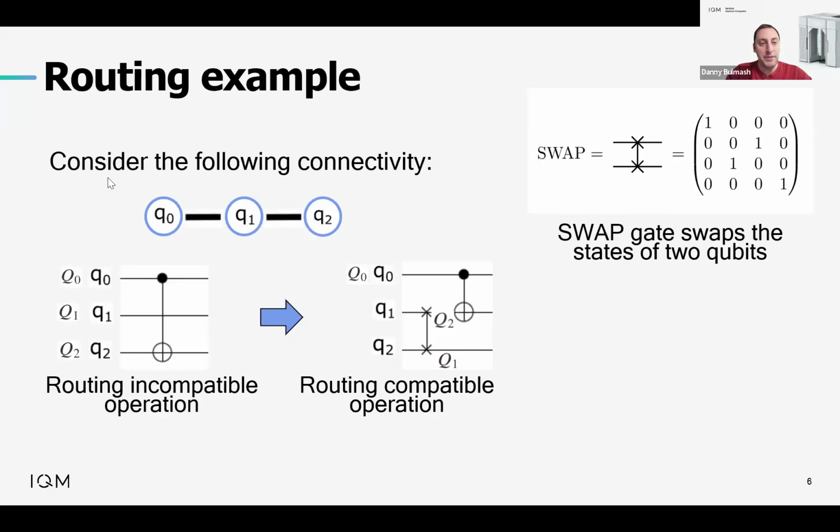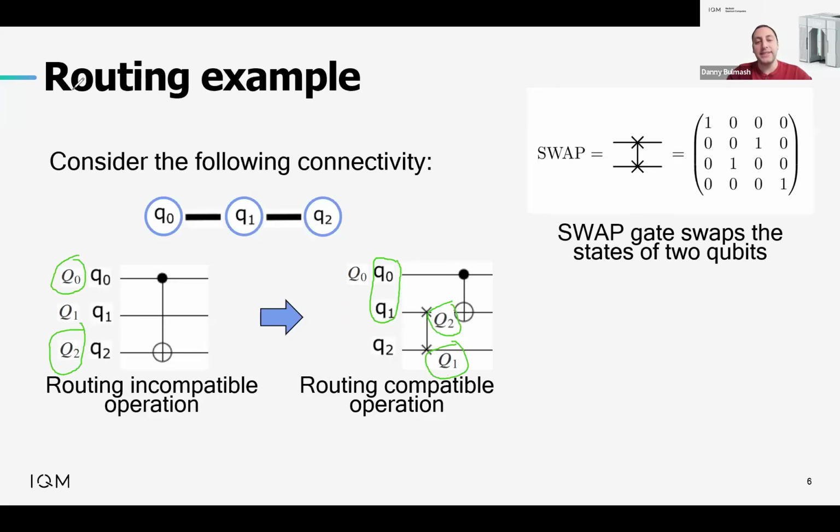So if our program is telling us that we want to do a CNOT gate between the program's qubit 2 and the program's qubit 0, we can do that on the physical qubits 0 and 1, as long as we swap the role of the program's qubit 1 and the program's qubit 2.